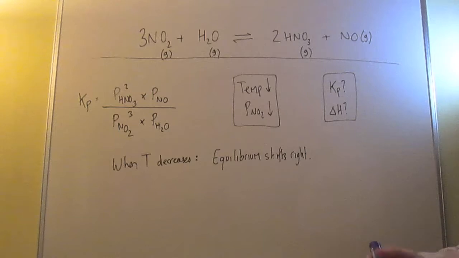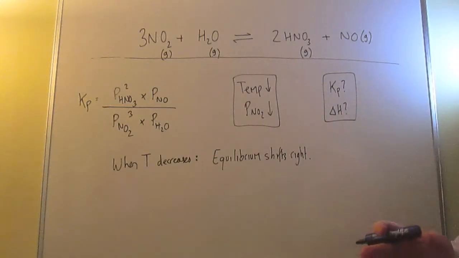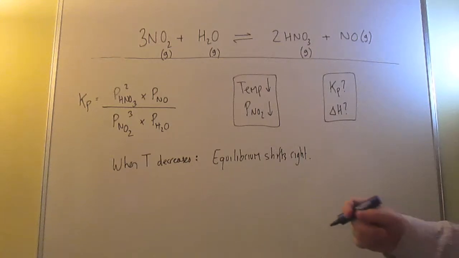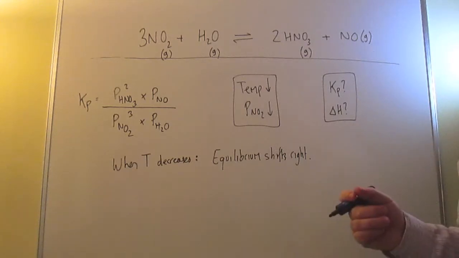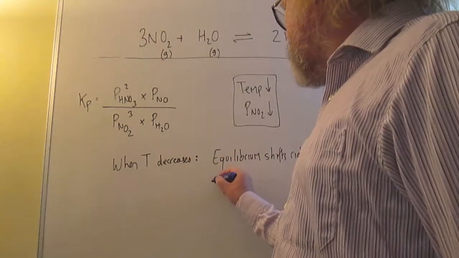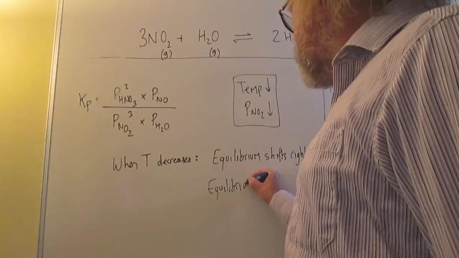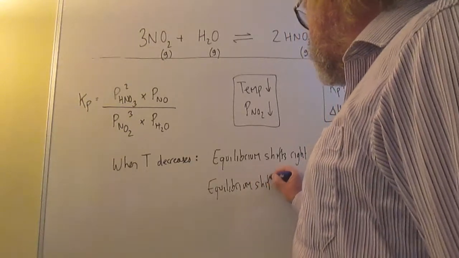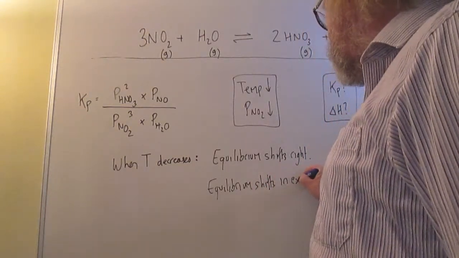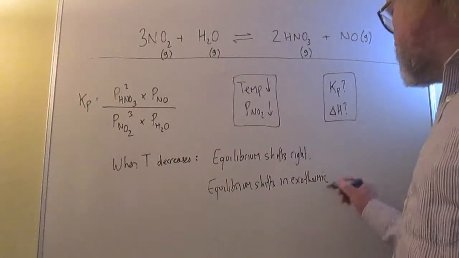So you should write that down. And I think you should write down a proper Le Chatelier type sentence to explain that. Don't just say, when temperature decreases, it goes in the exothermic direction. What you should say, I think, is that the equilibrium shifts in the exothermic direction to oppose the change.